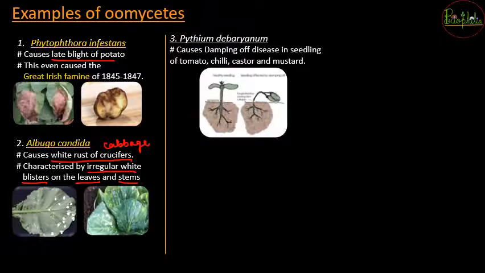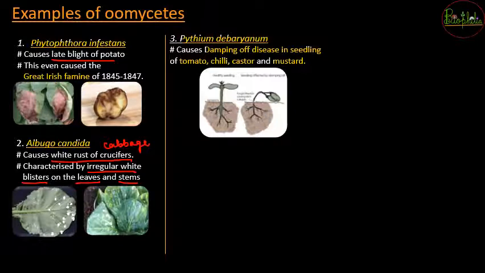The third example is Pythium aphanidermatum. This fungus is going to cause the damping off disease in seedlings, and damping off is generally seen in the seedlings of tomato, chili, castor and mustard. What exactly happens?